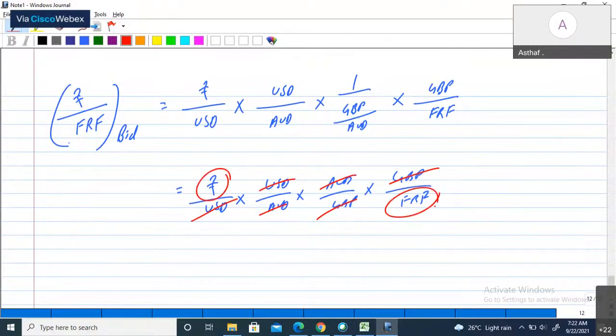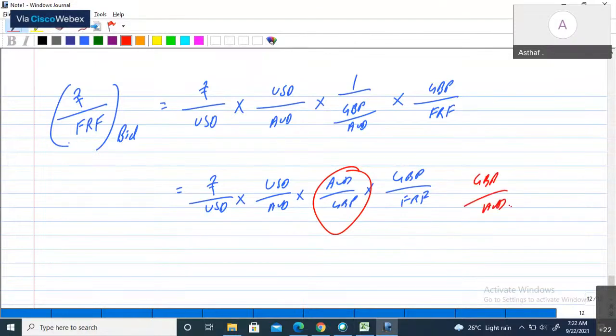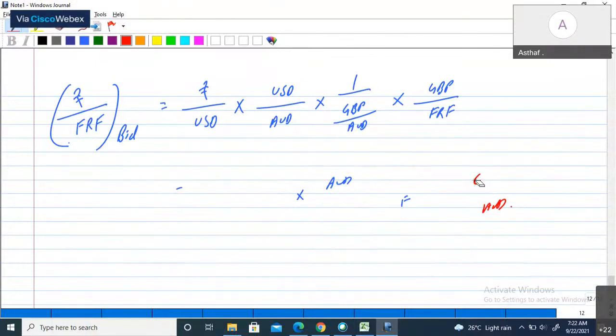But here, what happened in this question? They have not given the direct rate. This is only what we have learned, that indirect quote. So how to approach? How will bid be required?